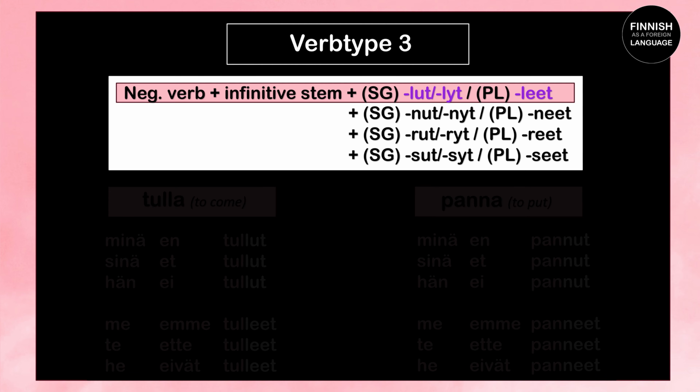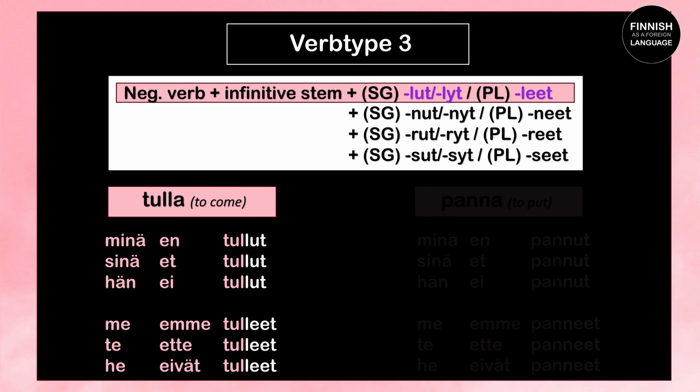So let's take a look at some examples. Our first verb here is tulla, which means to come. In order to receive the infinitive stem, we have to remove the two last letters. So that means we remain with tull as our infinitive stem. Now, since our stem ends with the consonant L, we have to use the lut, lut, or leet ending.